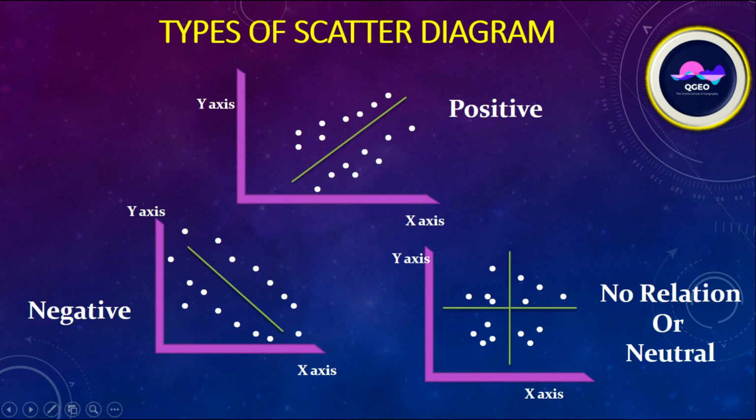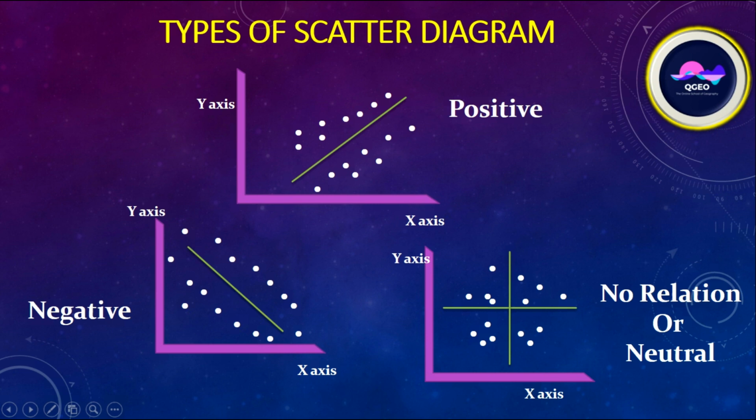We can represent the negative relation when the value of y-axis decreases with increasing value of x-axis, then the relation will be negative. Suppose the amount of rainfall and atmospheric temperature.